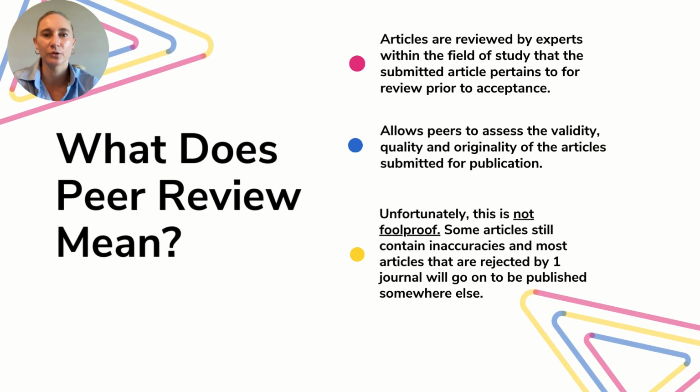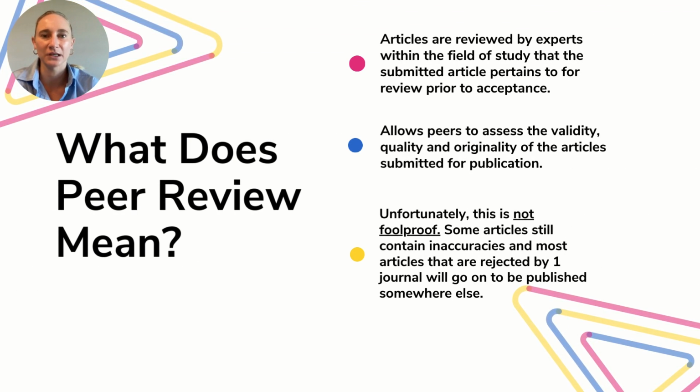We've mentioned peer review already, but what does this process actually mean? Peer review is the process by which articles are submitted to a journal, and then the article is reviewed by experts within the field that the article pertains to. So for sports medicine, if an article related to sports medicine is submitted to a journal, then experts within the field of sports medicine will review that article. They are reviewing it to assess for validity, quality, and originality of the submitted article.